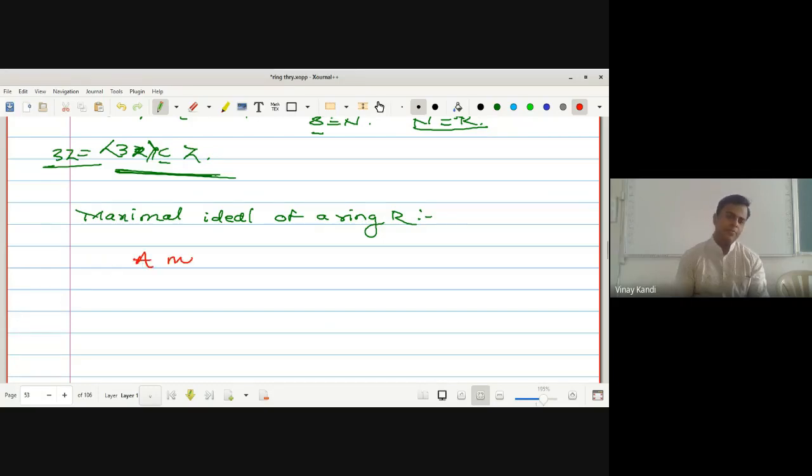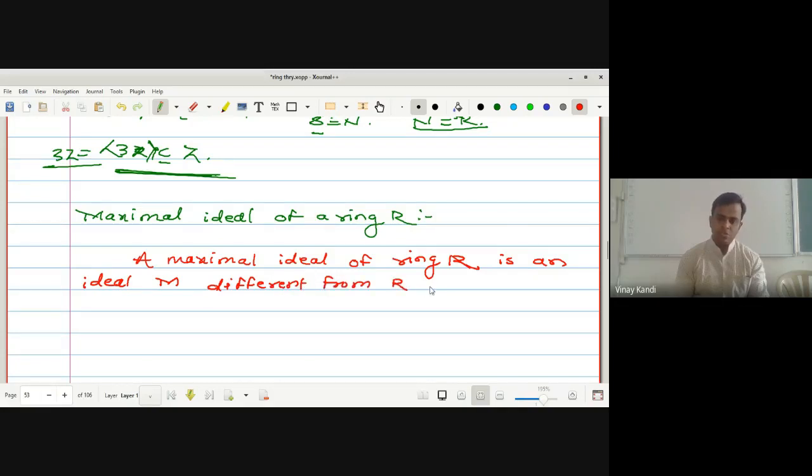A maximal ideal of a ring R is an ideal M different from R, such that there is no proper ideal N of R properly containing M. So this M is your maximal ideal, which is different from R. S is not equal to R, remember.